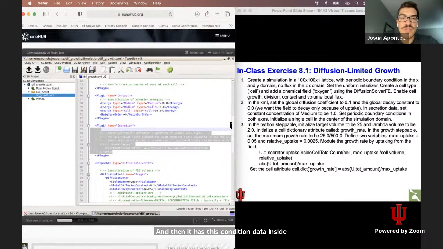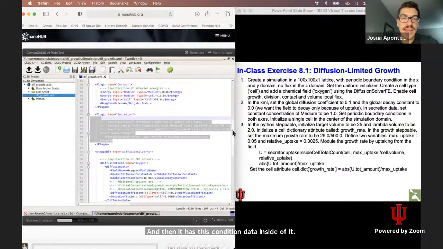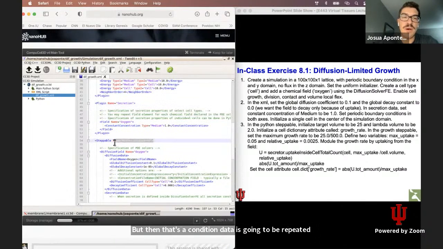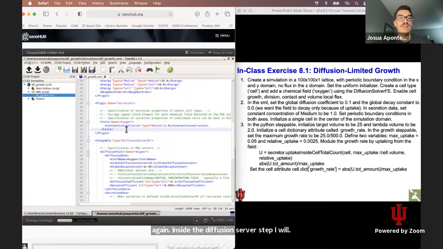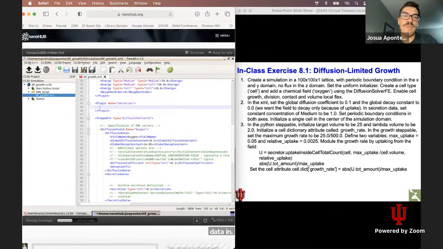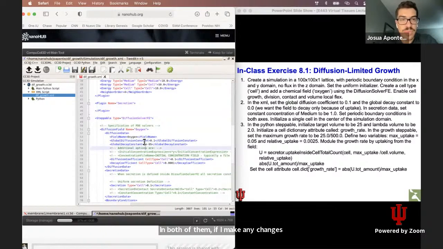But then that secretion data is going to be repeated again inside the diffusion solver steppable. I prefer deleting it from one of them so as to ensure that I don't have to modify the data in both of them if I make any changes. So I usually delete it out of the secretion plugin.